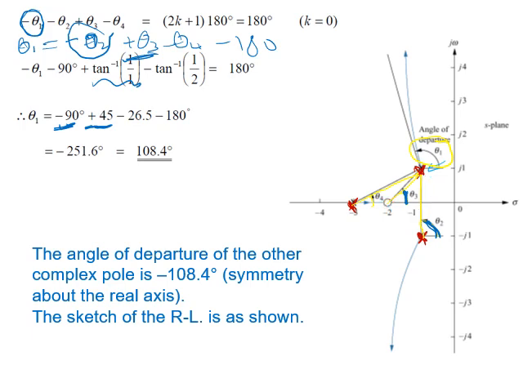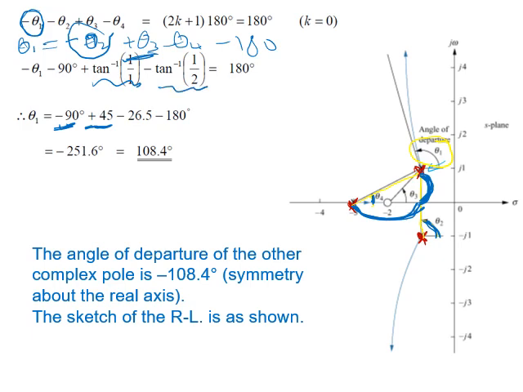The last one is going to be theta 4. Theta 4 is this angle. How to calculate it? It's tan inverse of this side over this side, where this side is equal to 1 and this side is equal to 2. That means tan inverse of 1 over 2, which is shown here.